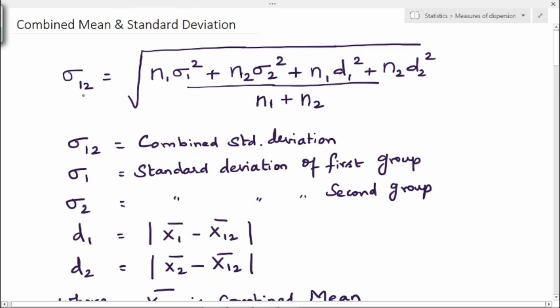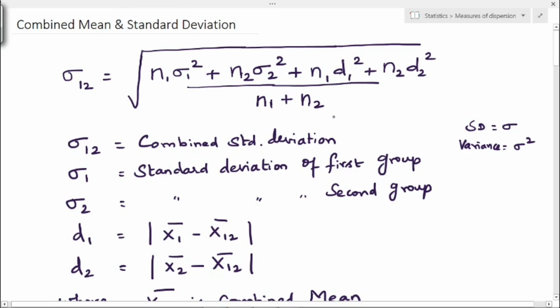This sigma 12 is the combined standard deviation of two groups, sigma 1 is the standard deviation of the first group, and sigma 2 is the standard deviation of the second group. Usually standard deviation is denoted by sigma and variance is denoted by sigma square. So sigma 1 square and sigma 2 square are the variances of the two groups.